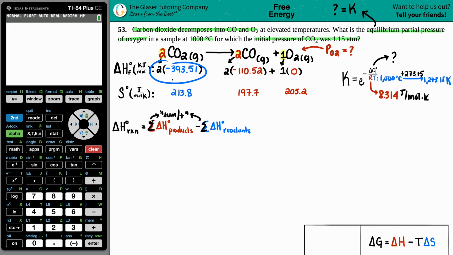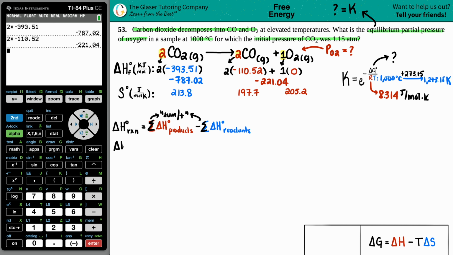So 2 times a negative 393.51, and I get a negative 787.02, and now let's do 2 times negative 110.52, and that is a negative 221.04 for the whole entire products.